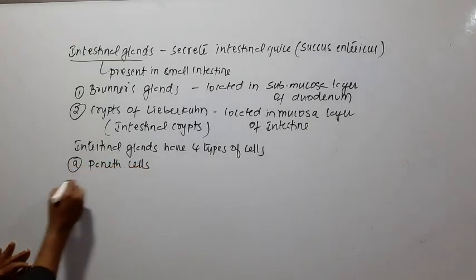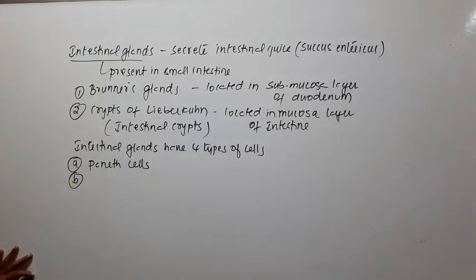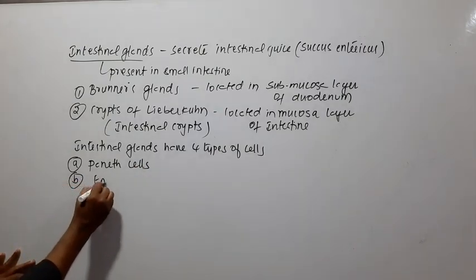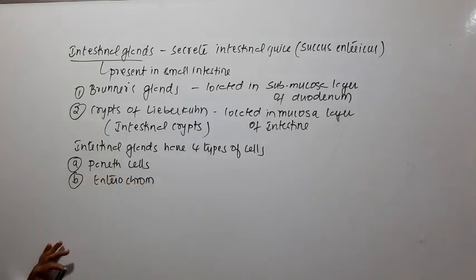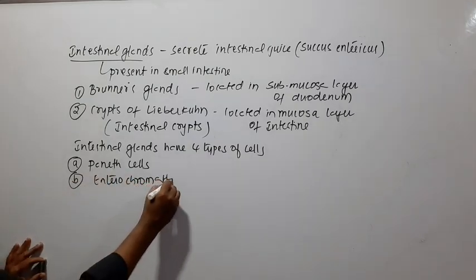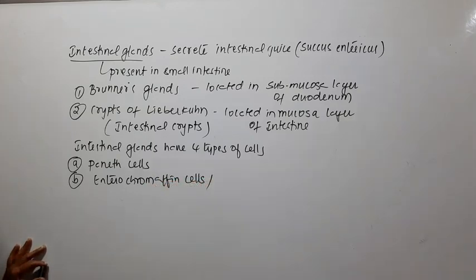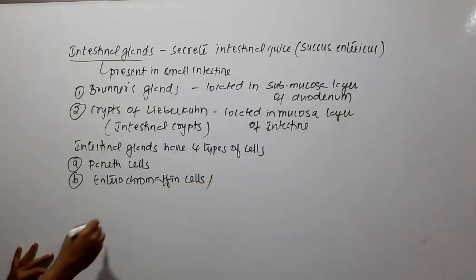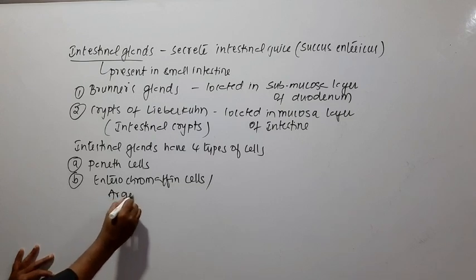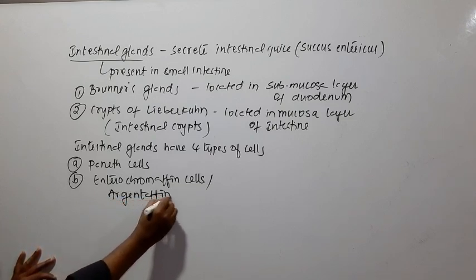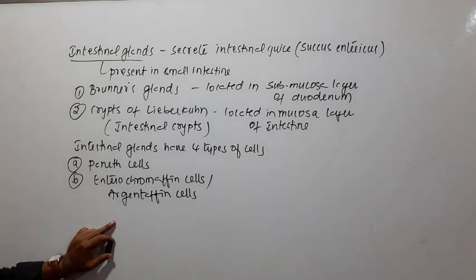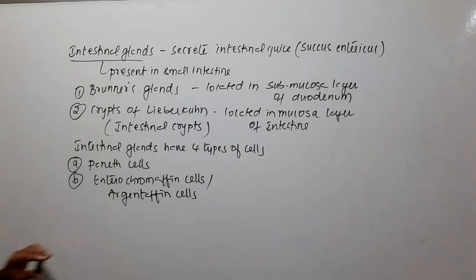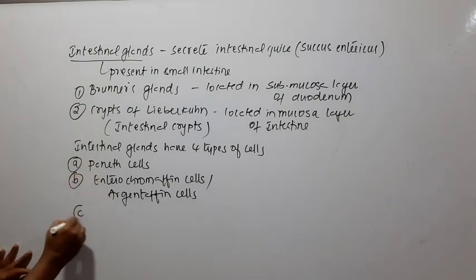They are Paneth cells, then enterochromaffin cells, which are also called argentaffin cells. I'll tell you what they will be producing.